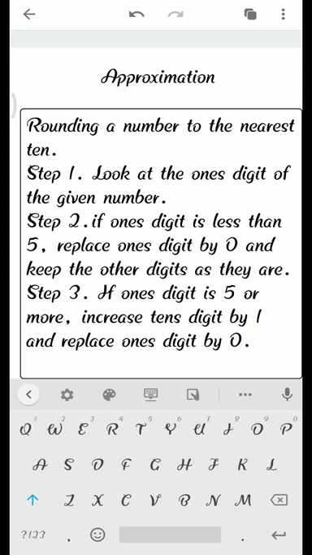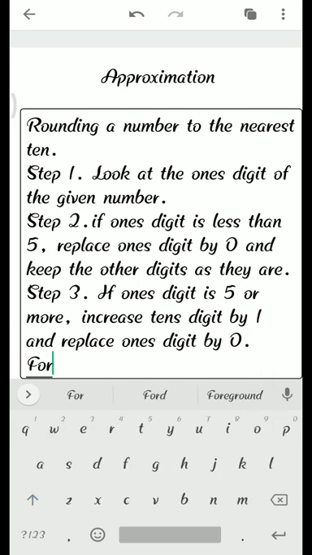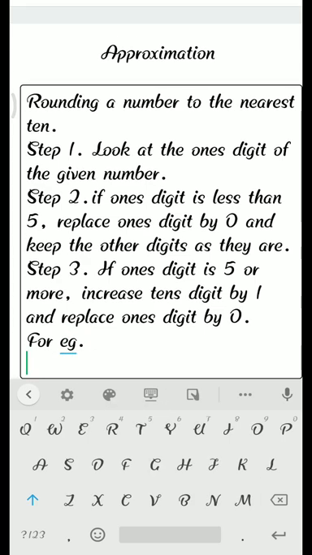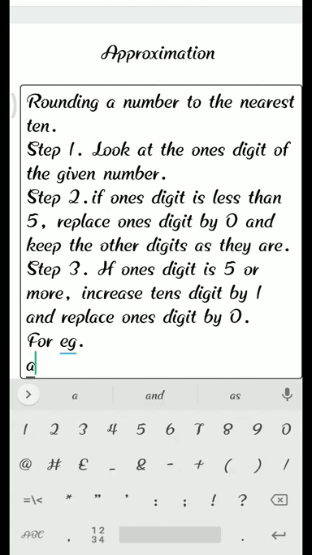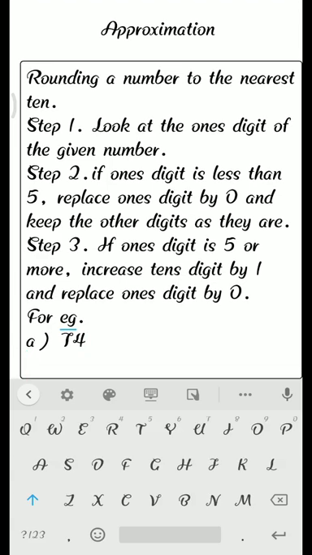Let's do one example. For example, let's take a number 74. Now you have to look at the number at the ones place.